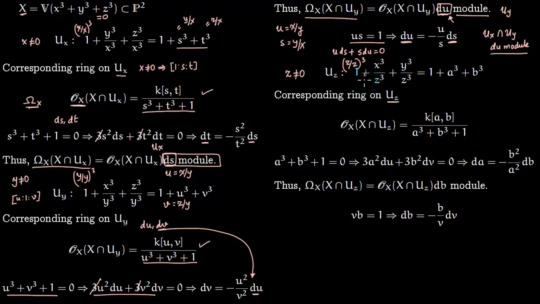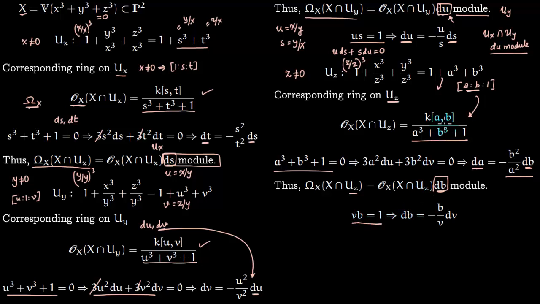On U_z, you have this affine set, which is generated by a and b. So therefore you have the following ring. This is the equation coming from right here. So you take its differential. Again, you get da equals minus b squared by a squared db. But again, you have vb equals 1. So on U_z, you can say everything is generated by one db module.